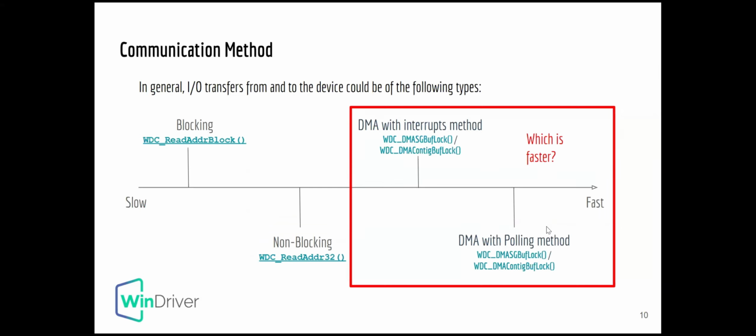However, it is best to try both, if you can. Each device and each operating system works differently, so one may work faster with polling, and another faster with the interrupt.